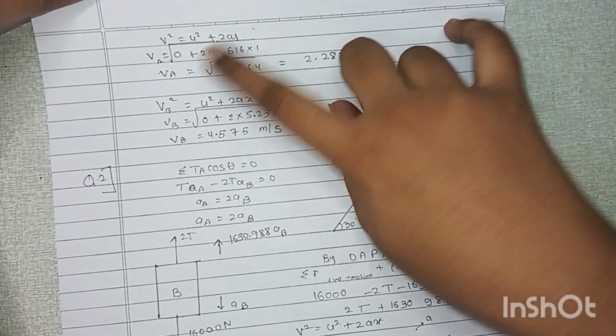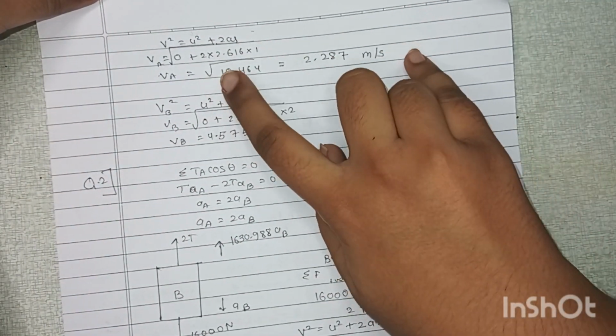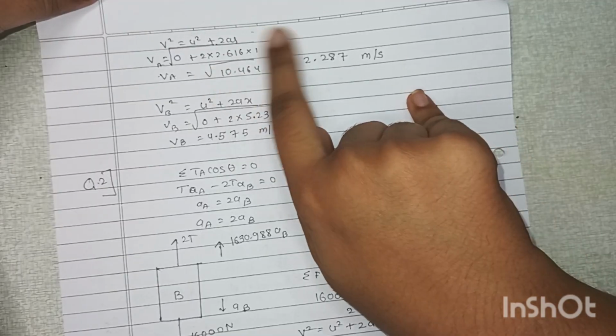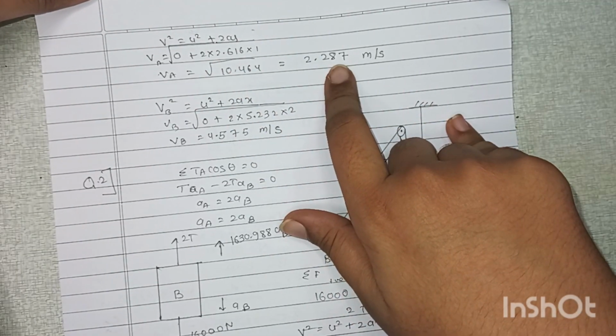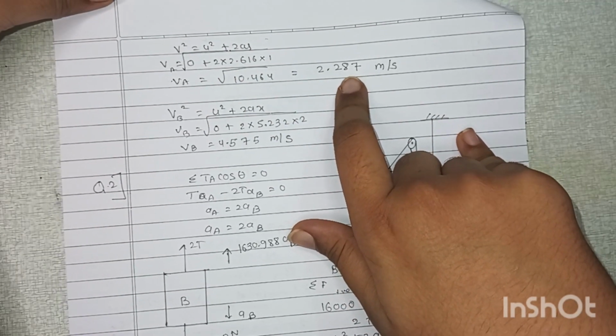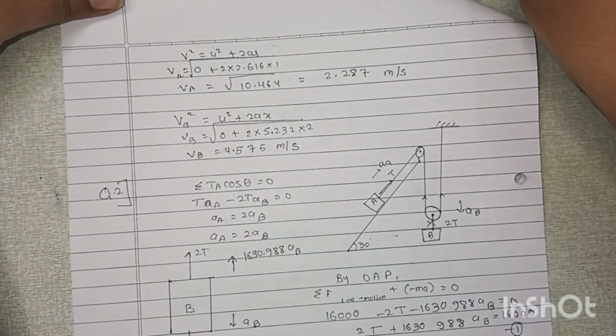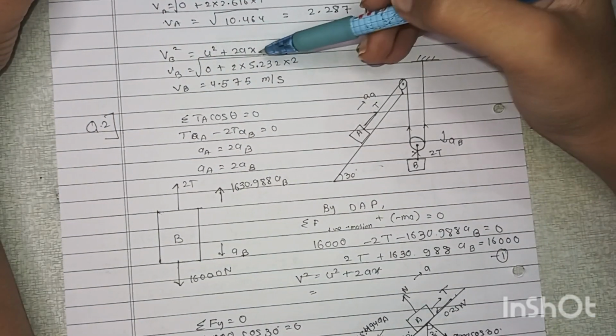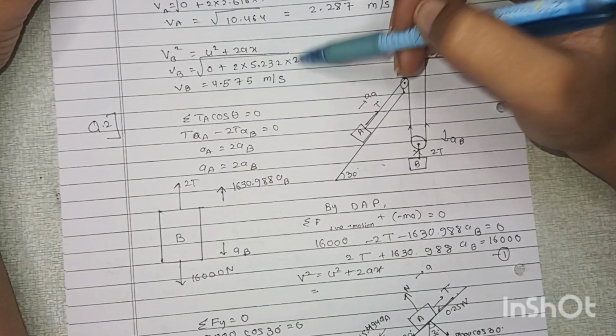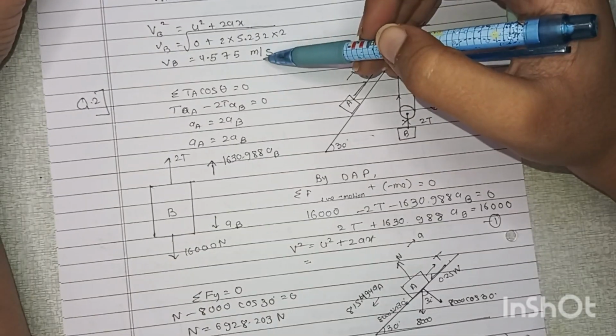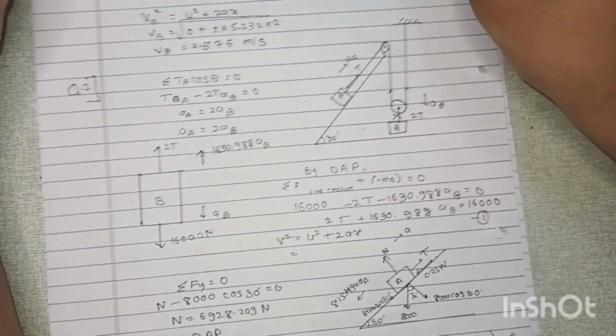Okay, so the displacement of block A should be 1. So if you multiply over here, you get the square root of 10.464 and then take out the square root of this and you will get the velocity of block A as 2.287. Okay, now for the second body the displacement is given, that is 2 meters. So just multiply over here and your answer would be 4.574 meter per second.